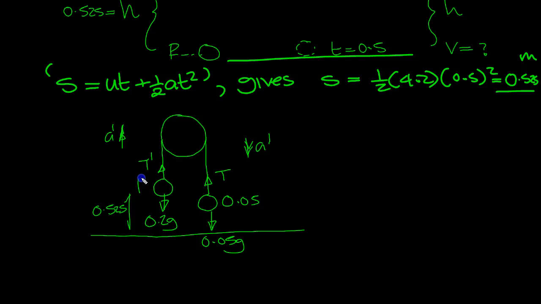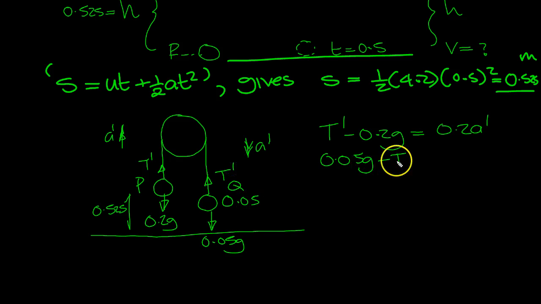Well, it will be because this is a bigger mass. So this is P now and this is Q. So let's have a look. So I'm going to keep it that way around. So T dashed here minus 0.2g is equal to 0.2 times a dashed, and here it's going to be 0.05g minus the T dashed is equal to 0.05, the mass, times the acceleration, which is downwards.